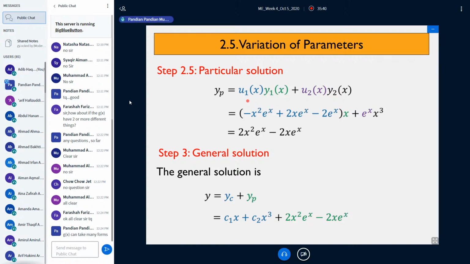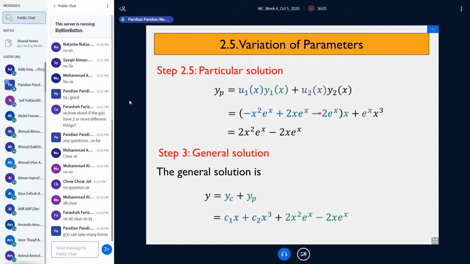So your u1(x) is minus x squared e^x plus 2x e^x minus 2e^x multiplied by your y1(x), which is x. And your u2(x) is e^x, and y2(x) is x cubed.